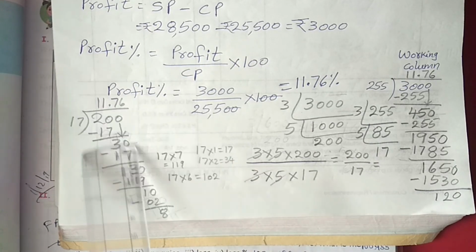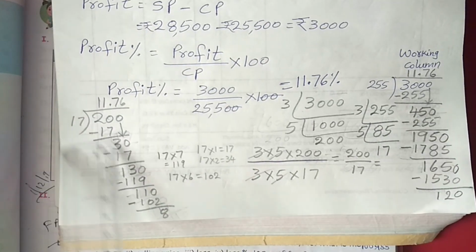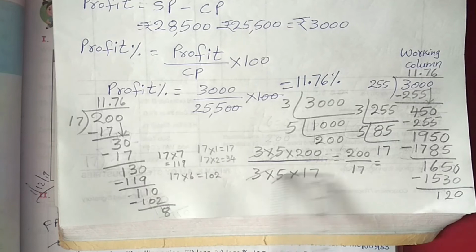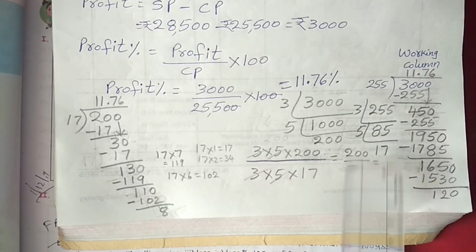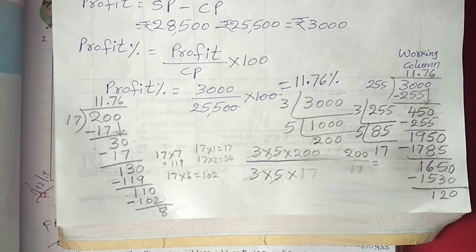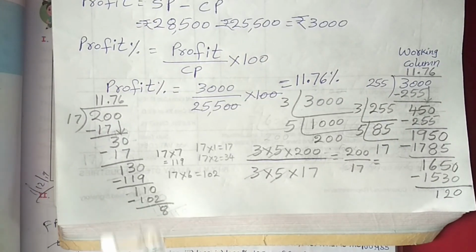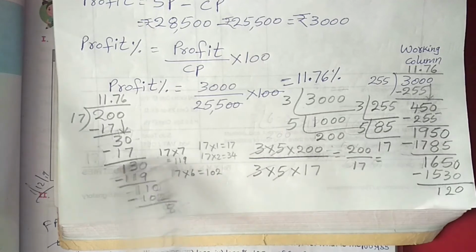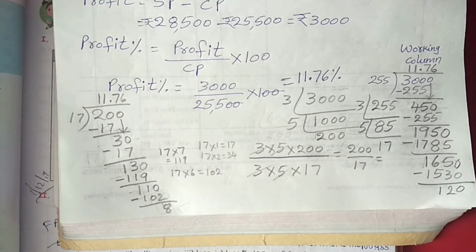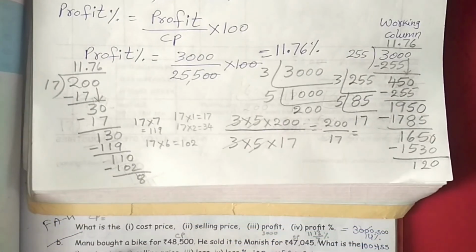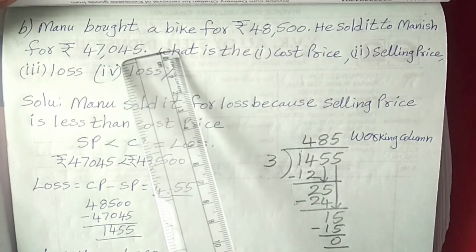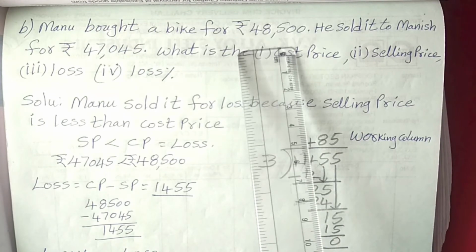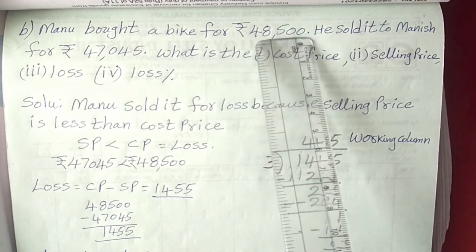Okay. So all these that I have written in pencil are the working column. Okay. You write neatly in the notebook, in the working column side, under this. Under the working column you have to write all these. Okay. Fine. Now we shall move to question number B. Manu bought a bike for 48,500 rupees.